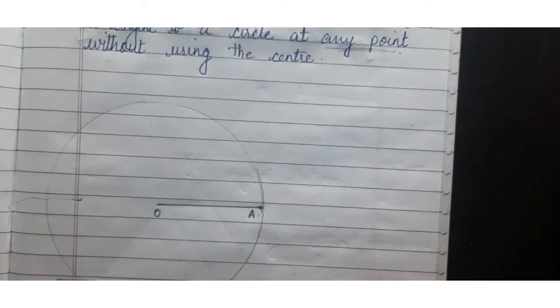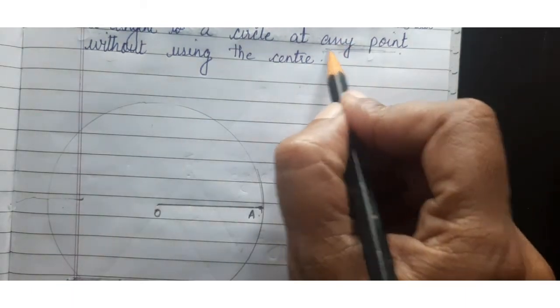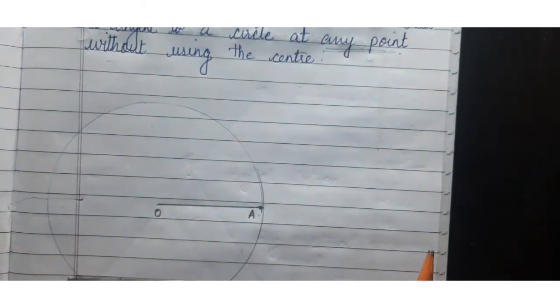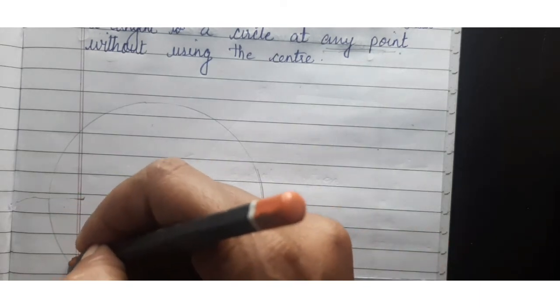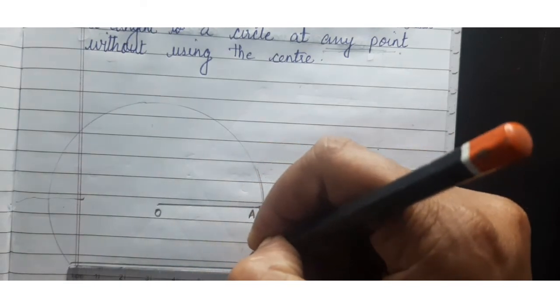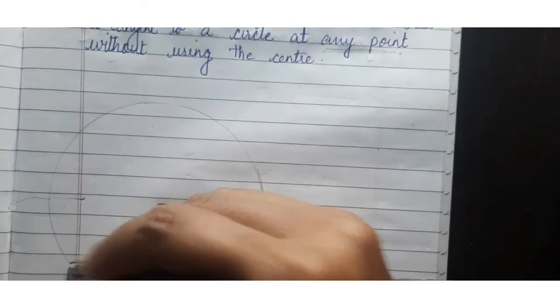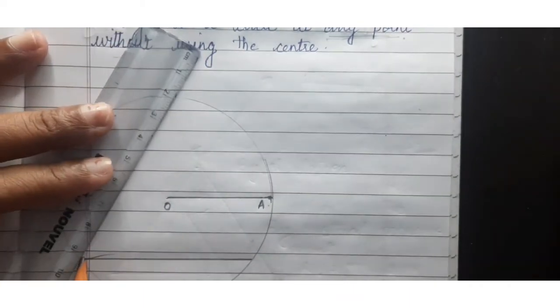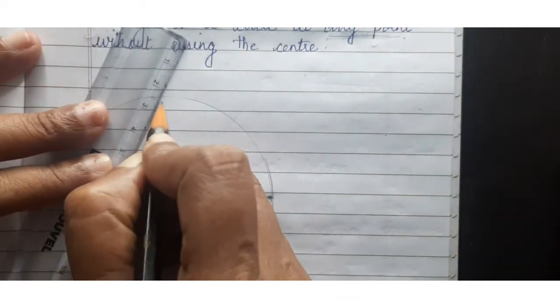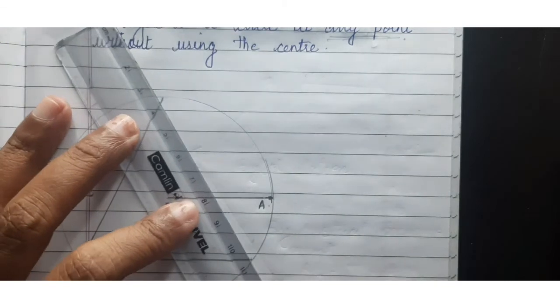Now what I said to you, that from any point they are saying, so I'll be taking a chord over here of any measure, as the length of the chord is not given, so it's up to you what measure you take. And I'll be drawing a triangle over here.